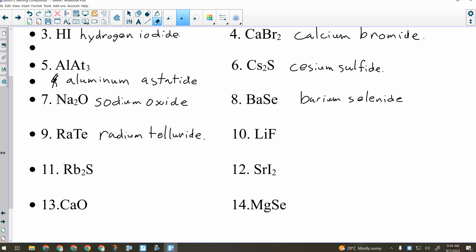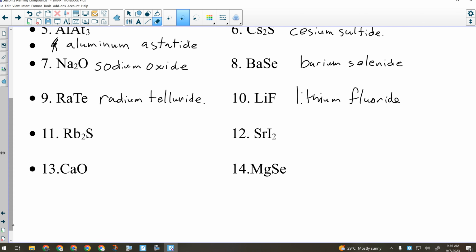All right, number 10. Okay, we got Li, which is lithium fluoride. Okay, and then number 11, Rb is rubidium sulfide. Sulfide, yeah. In that one it's sulfide, not sulfuride.